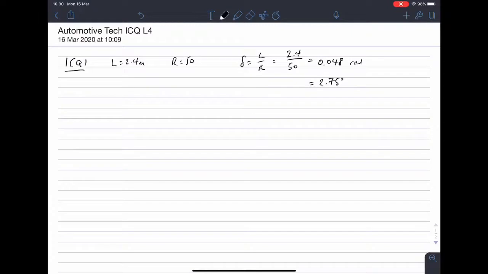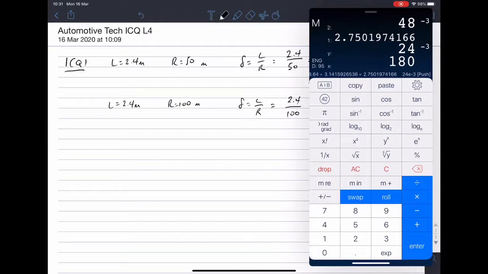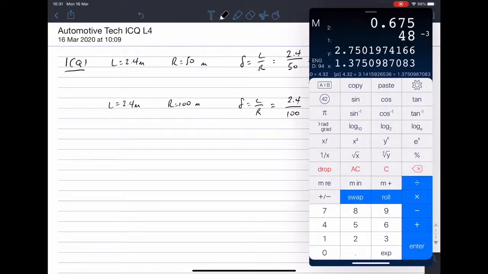Repeat this for a corner radius of 100 metres. Okay, so 0.375.